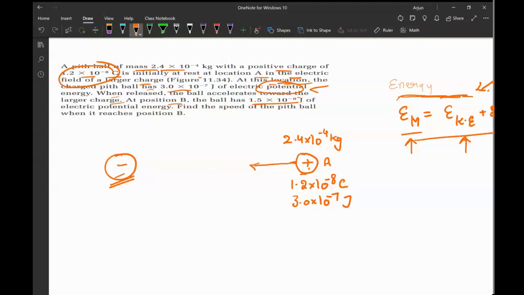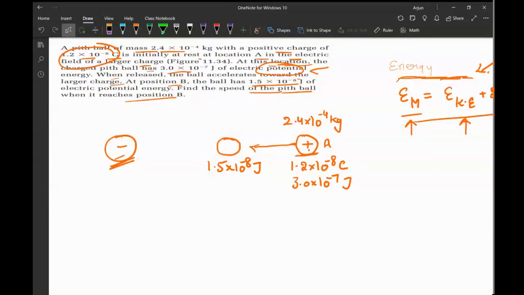So once it is released from location A, it moves towards the negative charge and reaches position B. The ball has 1.5 times 10 raised to the power negative 8 joules of energy at this point. Find the speed of the pith ball when it reaches position B. I want to find the speed at this location.